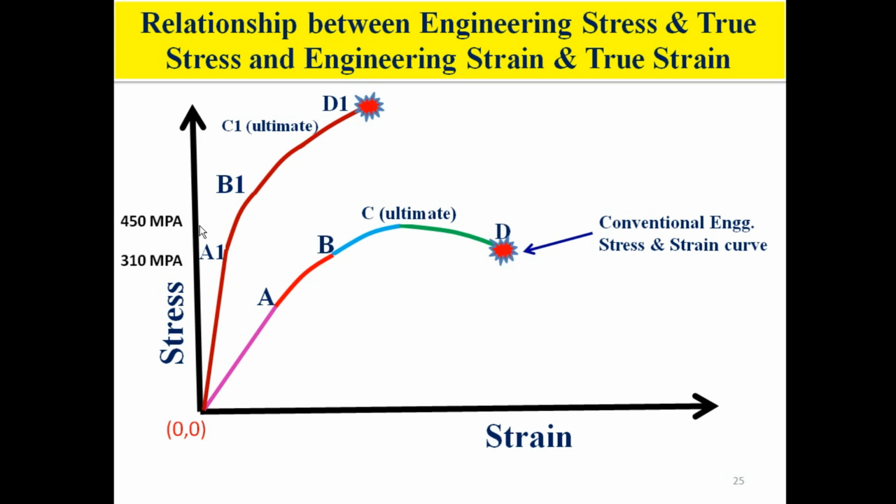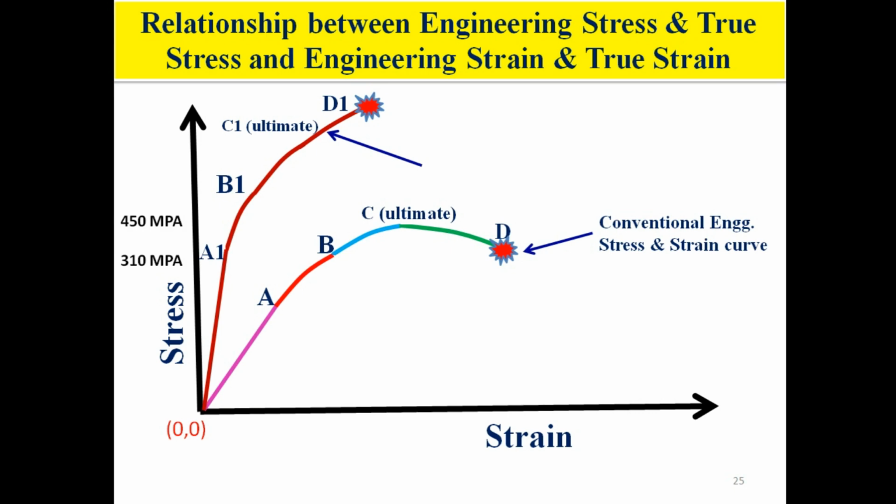Getting it? So let's say ultimate is 450, but at fracture if you draw the line here, it will come around 310. So this is wrong. In reality, the final product fails at a stress that is always greater than the ultimate, right? That is because the cross sections are changing.